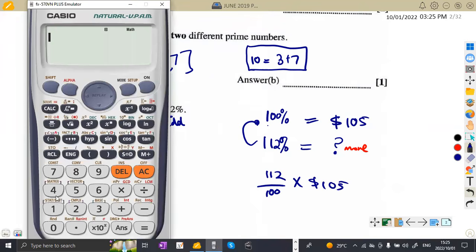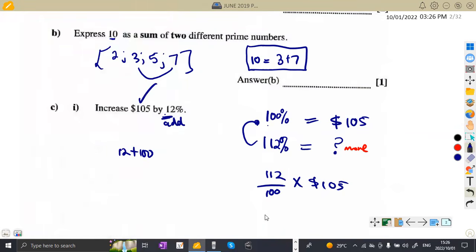You can use your calculator at this stage, guys. 112 over 100 multiplied by 105 gives 117.6. But this is money, so it's going to be $117.60.